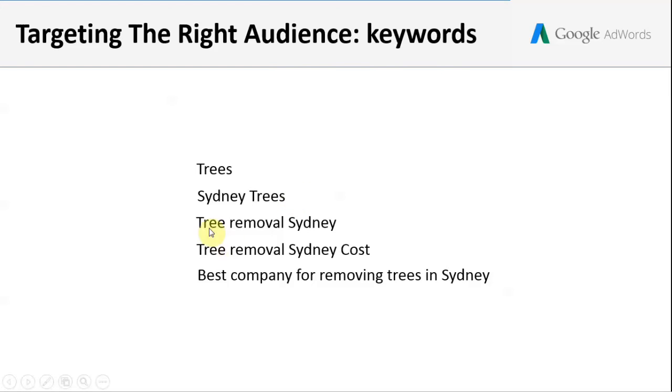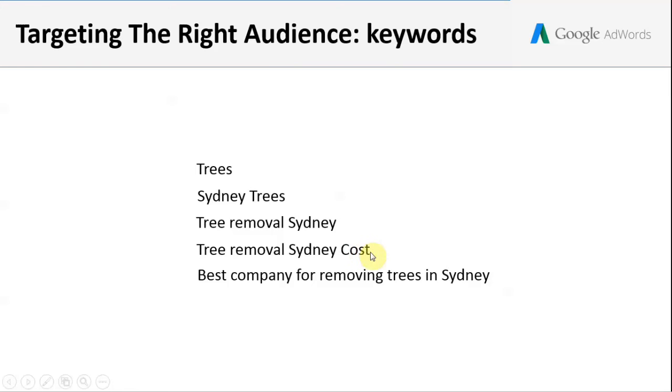For me, the sweet spot is tree removal Sydney, tree lopping Manly, stump grinding in Kew Melbourne, things like that, or just tree removal Melbourne or Adelaide or whatever. Then you're starting to get into what's called a long tail keyword, tree removal Sydney cost. Less likely to get someone to type that into Google.